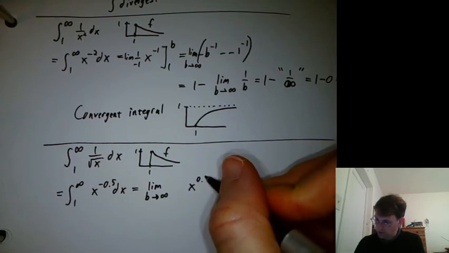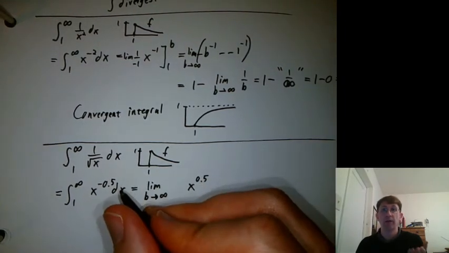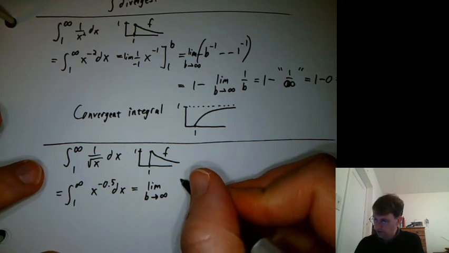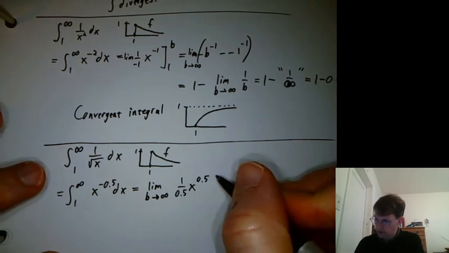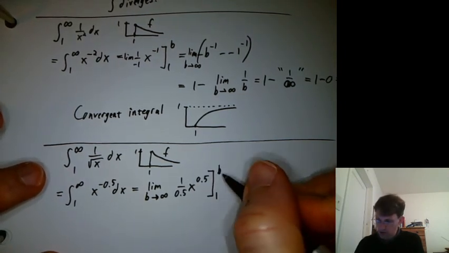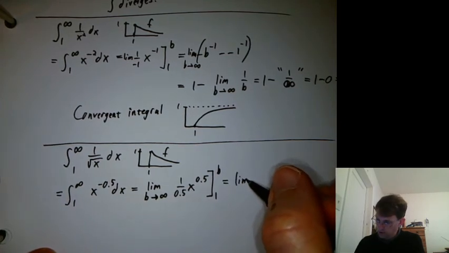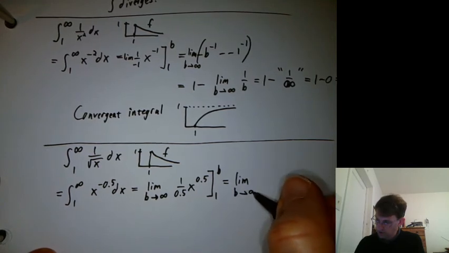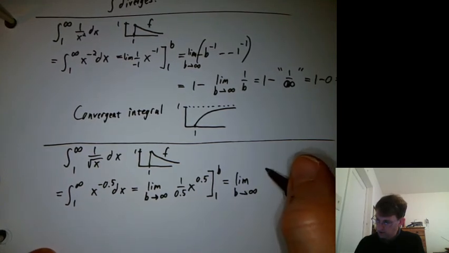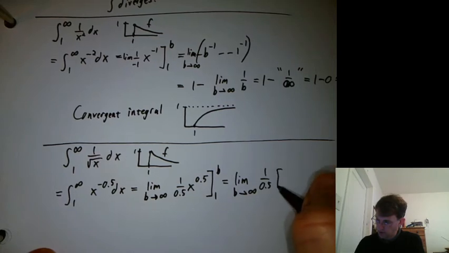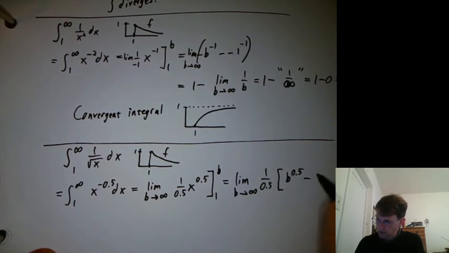It'll be x to the 0.5, because we add 1 to negative 0.5, we get positive 0.5. 1 over 0.5 from 1 to b. And then what? We could say this is the limit as b goes to infinity of 1 over 0.5, b to the 0.5 minus 1 to the 0.5.